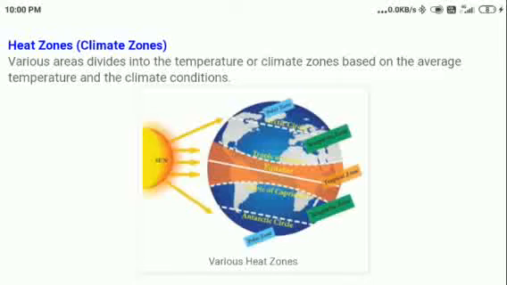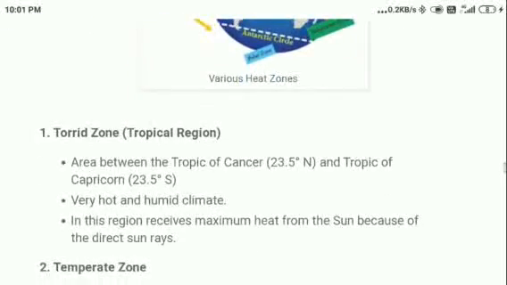Similarly, we have the south temperate zone. There the sun rays reach at some angle, not falling directly on that area. That is why they receive less heat and the temperature is moderate. And at the north and south pole, the sun rays are not reaching properly, so they receive the minimum heat, and they are the coldest places on Earth, and that is why we call them frigid zones.